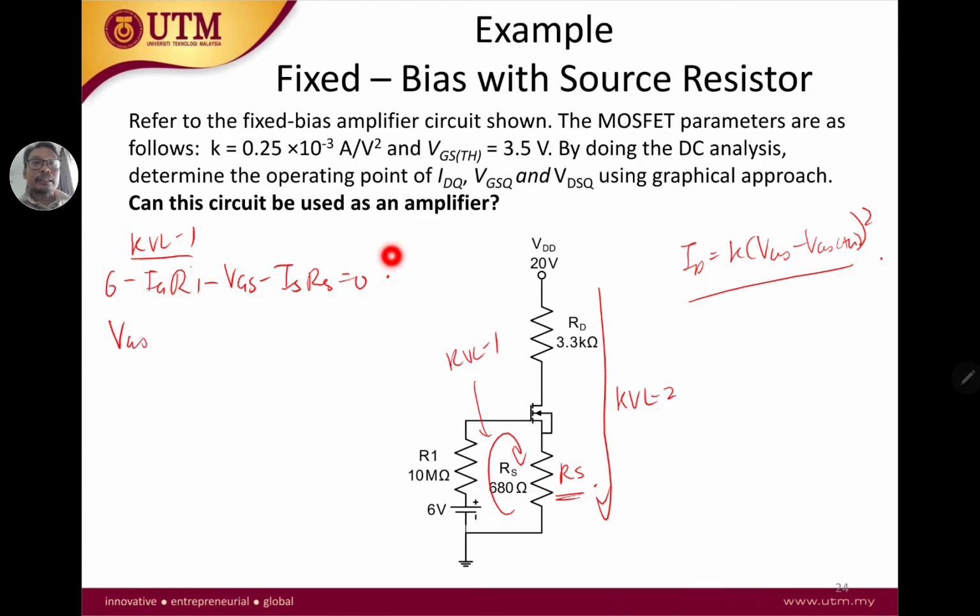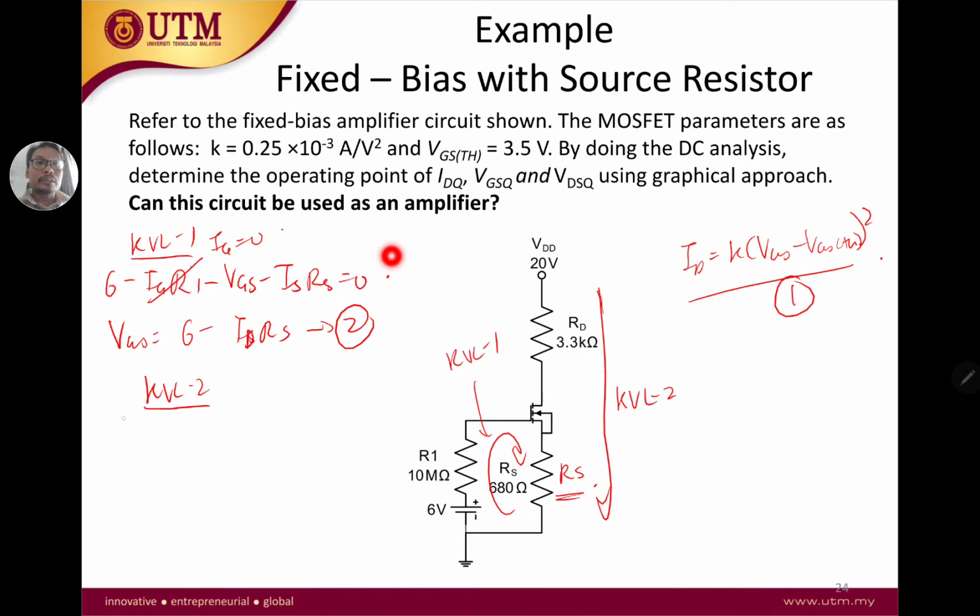Therefore, your VGS equals 6 minus, this is 0 because your IG is 0, so your VGS is 6 minus ISRS. Where IS equals ID, the current is all the same. So this is one equation, called equation 1. This is equation 2. And equation number 3 is KVL2.